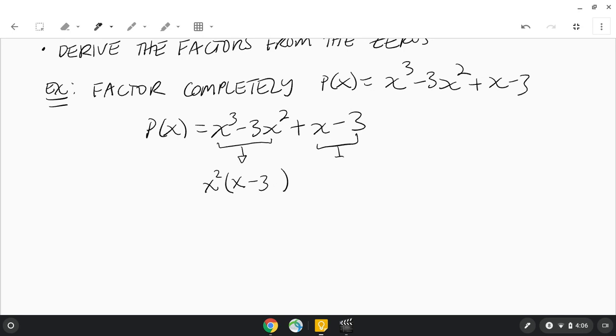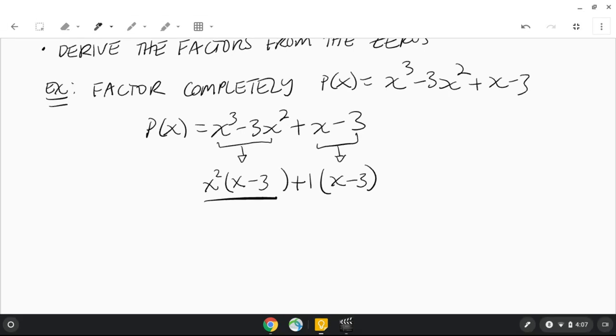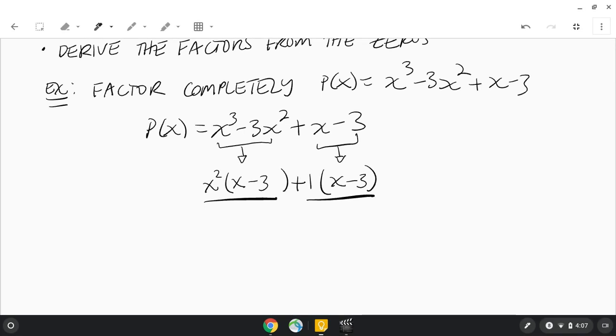I take the next two here and I factor out their common factor. Well, it's only going to be 1. So I'm going to factor out 1. And then this is one term and this is one term, separated by addition there. And we see that both of these have x minus 3 in common. So I'm going to factor out the x minus 3. And what I'll have left here is x squared plus 1.